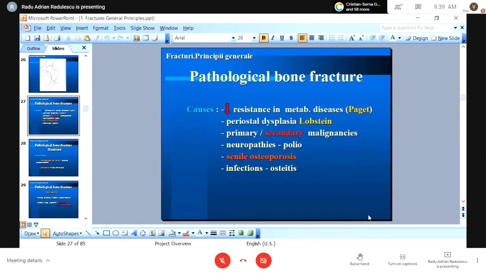Besides, we may get some infections, usually chronic infections, called osteitis, meaning infection of the bone. The structure may be softened and the patients may also get pathological fractures.